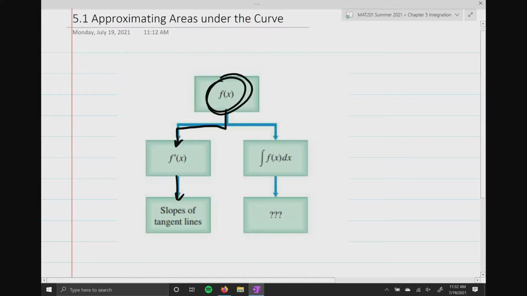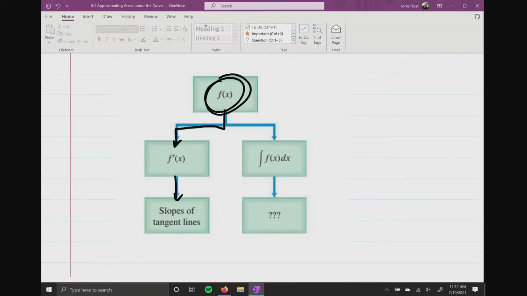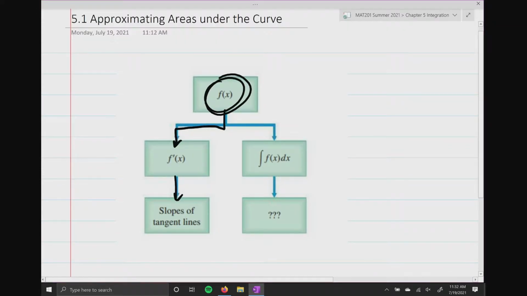Today the question is going to be, if you have a function, let's call it f of x, get out a different color here, and we integrate this function, okay? And that's what this symbol right here means. So this symbol right here means to integrate.